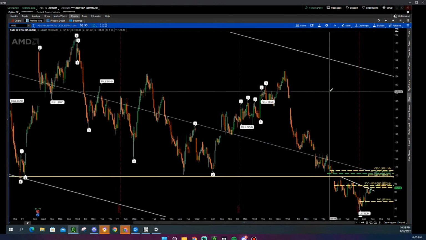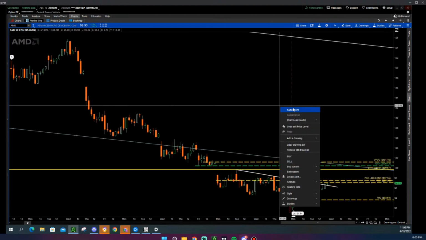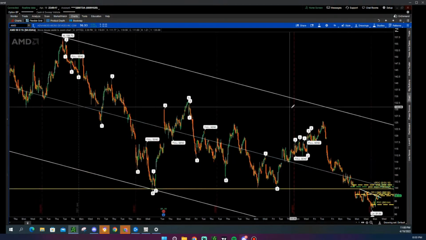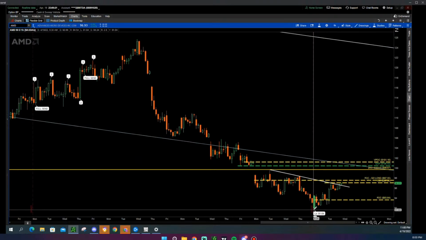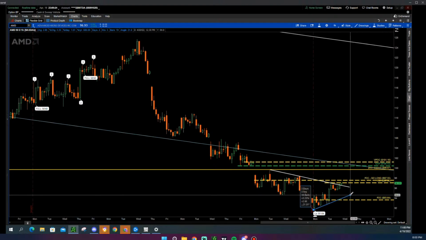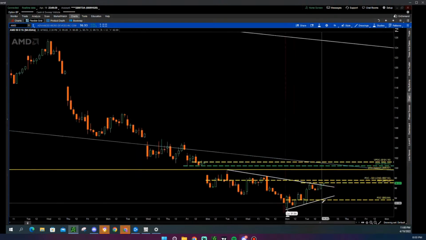But nobody noticed anything else on this chart? Nobody? Bear flag? Yeah, it's bear flagging, guys. Bear pennant? I don't know. Yeah, flag. It's bear flagging here.